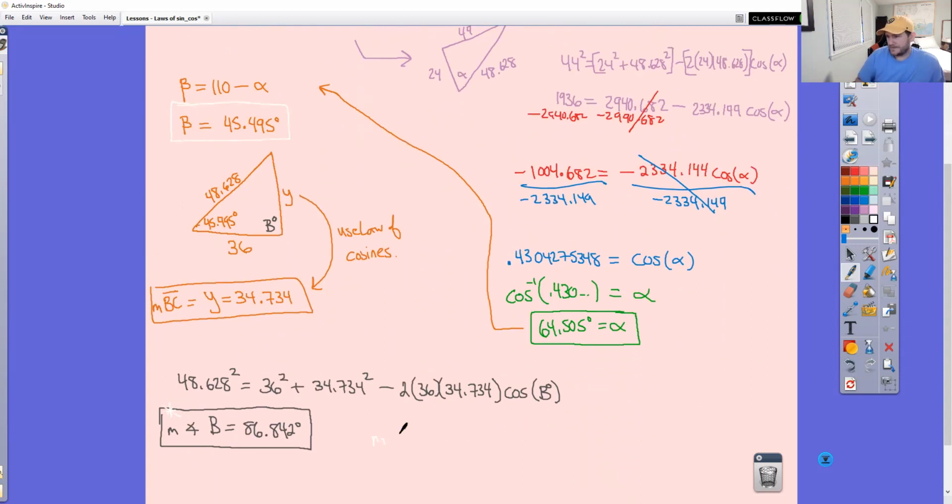So we know that the measure of angle C is just going to be 180 minus beta, 45.495, plus 86.842. And forgive this thing for making every 4 look like a 9.